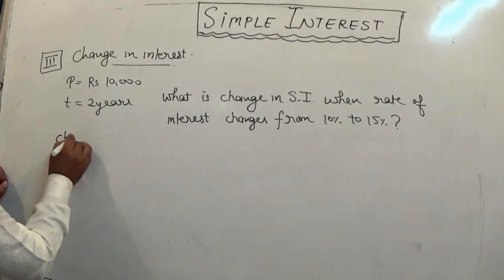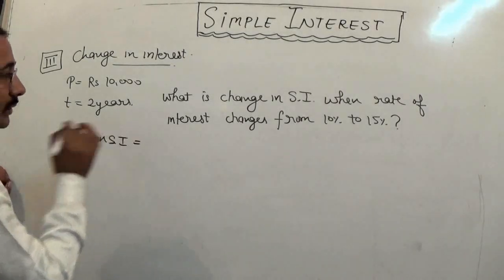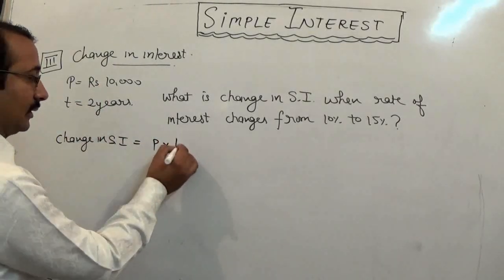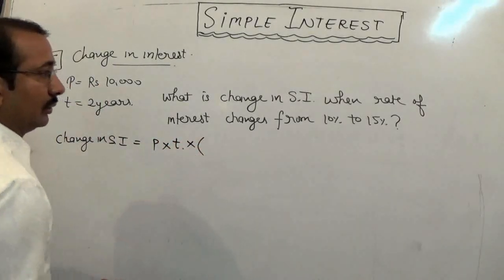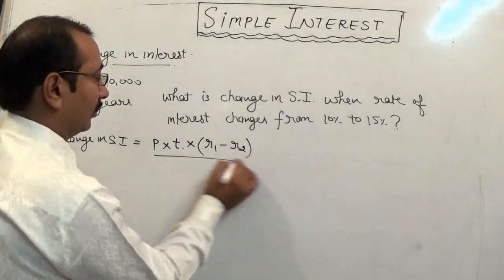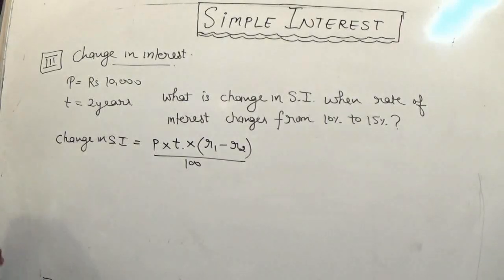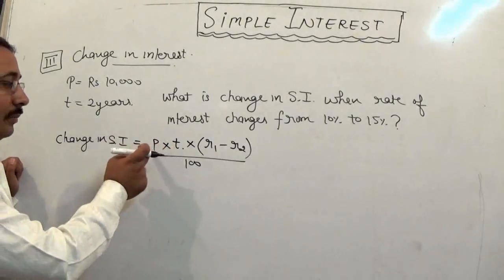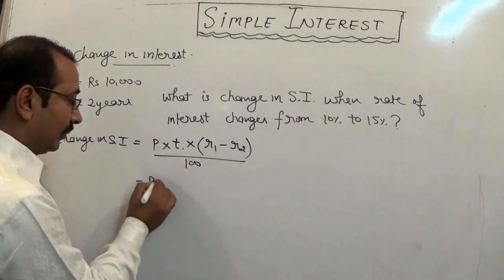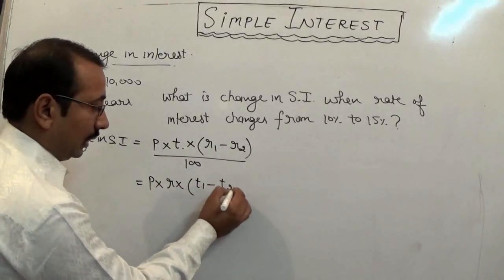Change in SI is always equal to P, fixed T, into the difference between the rates of interest R1 minus R2, upon 100. That becomes my answer. In a question where the rate of interest and the principal are fixed and there is a change in time, in that case it becomes P into R into (T1 minus T2) upon 100.